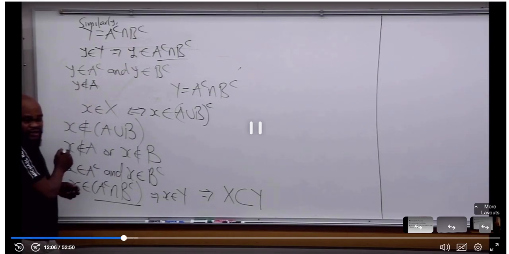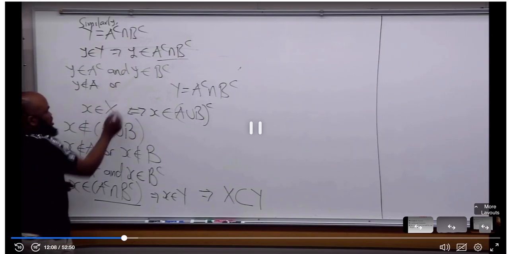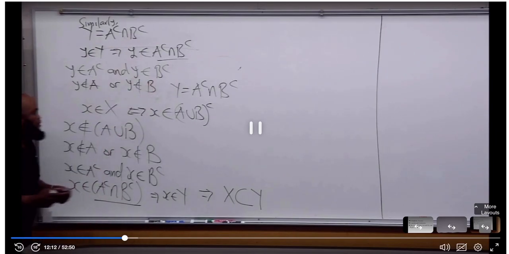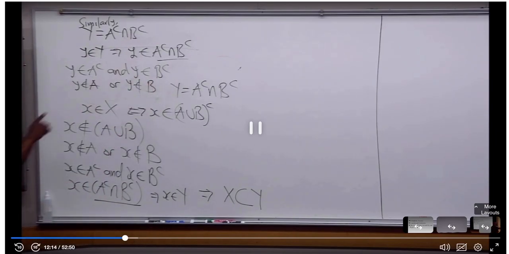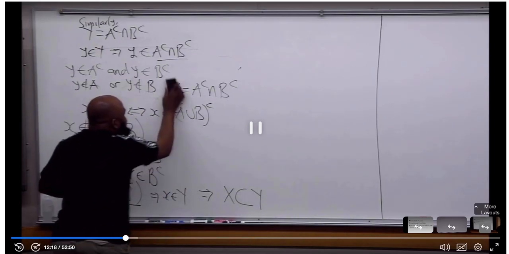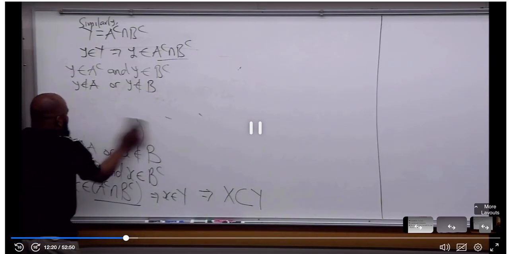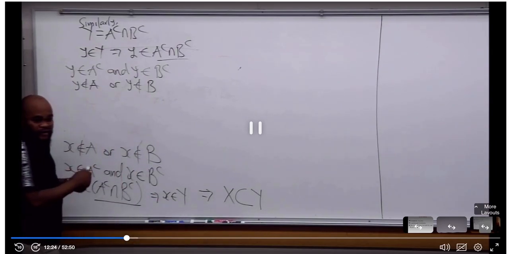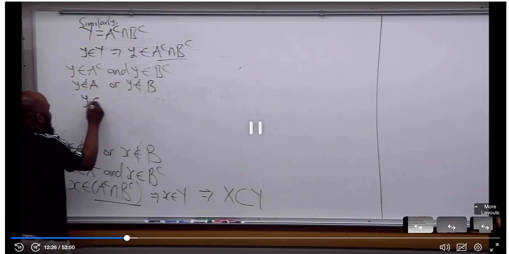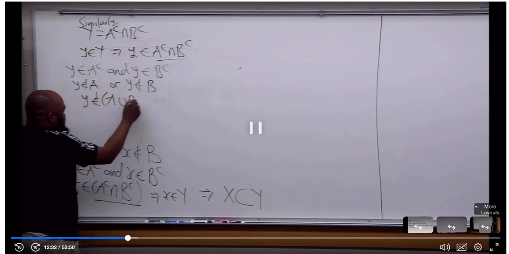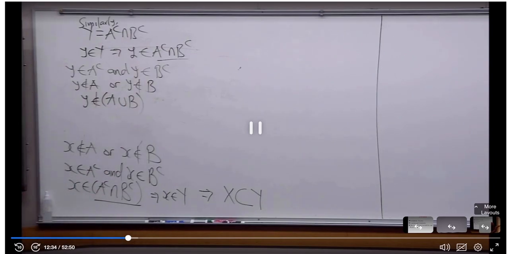This is going to change. Do you see that? And if this happens, what does that mean? y lies in A union B. y does not lie in A union B.